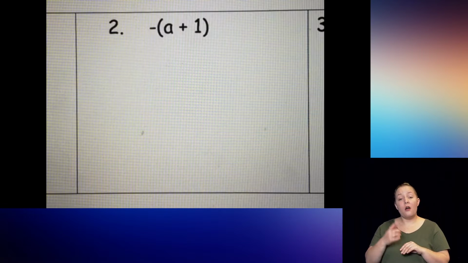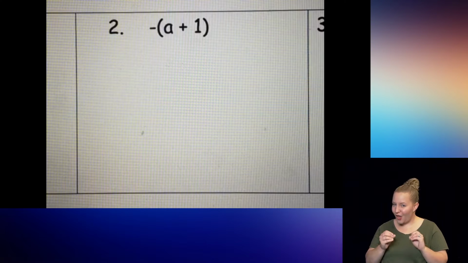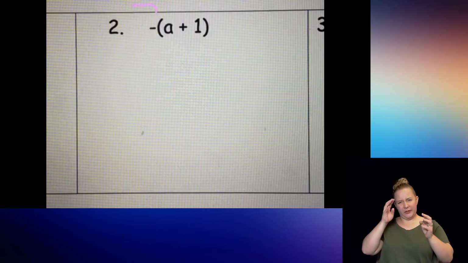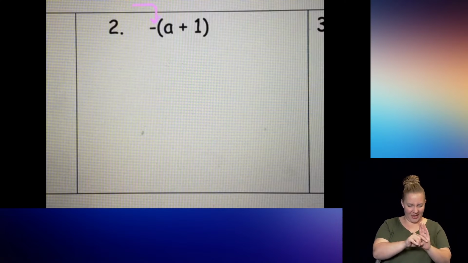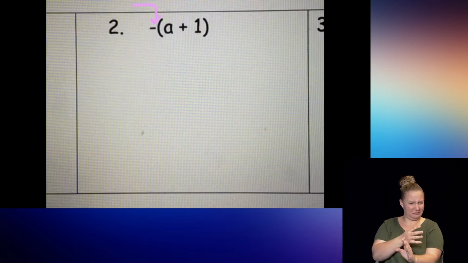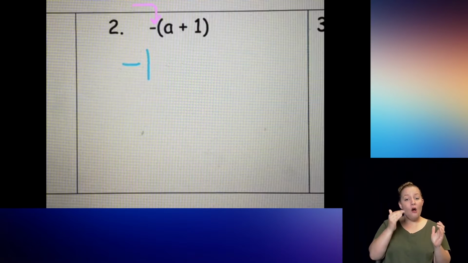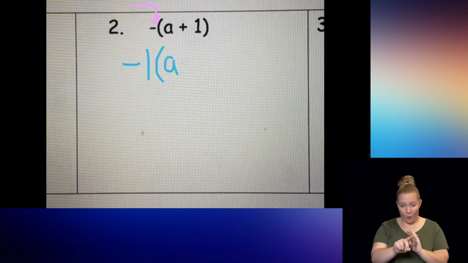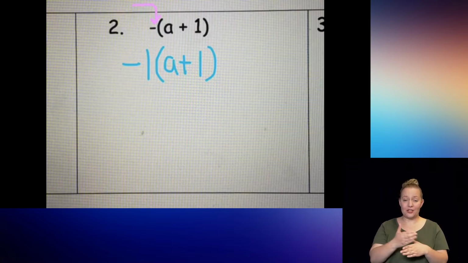For question 2, we have a negative on the outside, and then in parentheses a plus 1. So let's go ahead and brainstorm. What number do we think we can put right in here in between this negative and this parentheses? Hopefully we're thinking, well, if it's a negative and there's no number, hopefully we know to add in a negative 1, parentheses a plus 1, because it's kind of like I'm distributing a negative 1 when I'm distributing a negative.